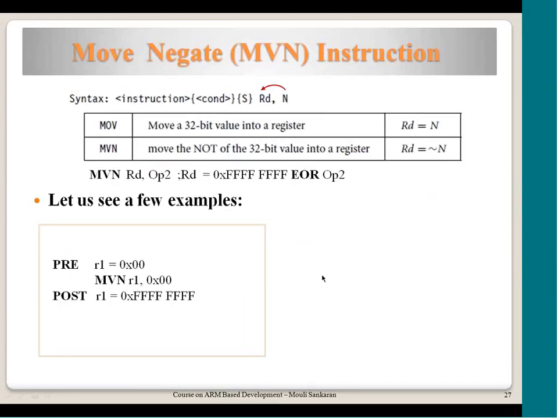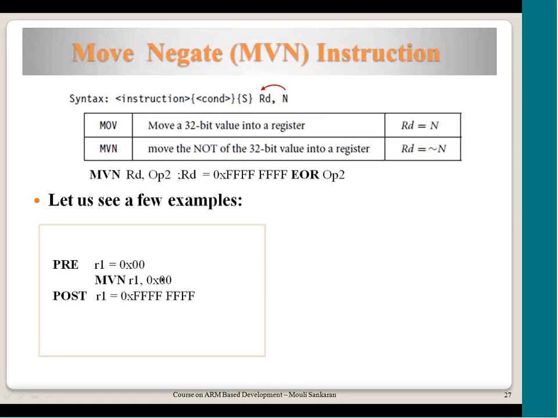Now some more examples using this MVN. Assume that R1 had a 0 value. After MVN, what happens? I told you that the 32-bit value in this operand is all inverted. That means all zeros will become 1, and that value gets written into R1. So you will get this value in R1. So who does this toggling of this immediate value?